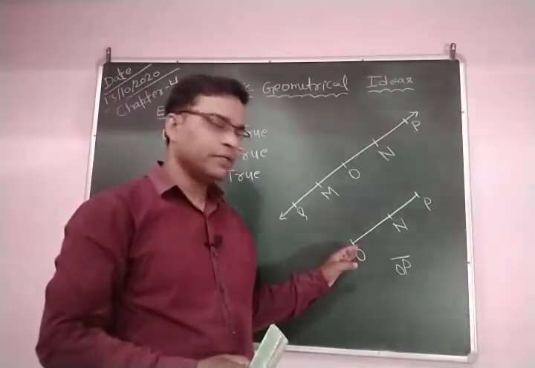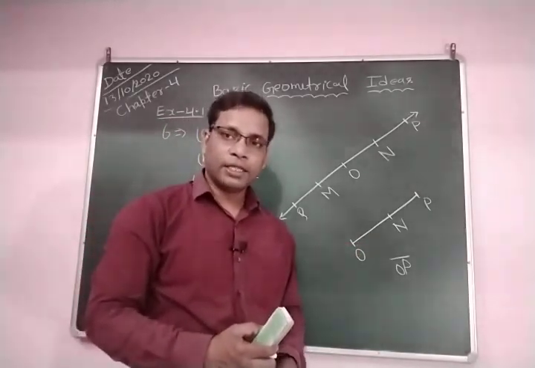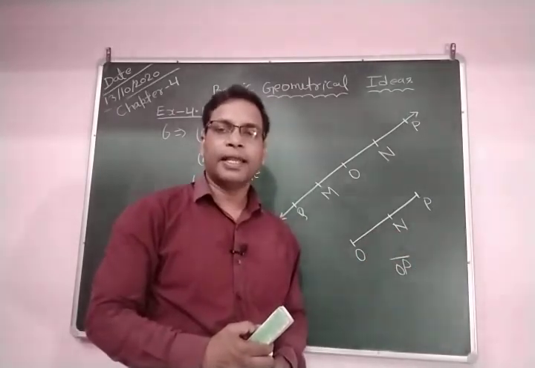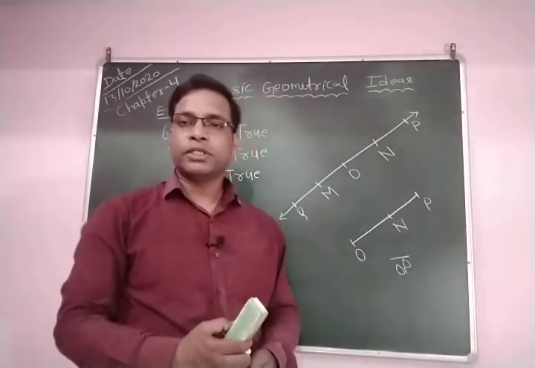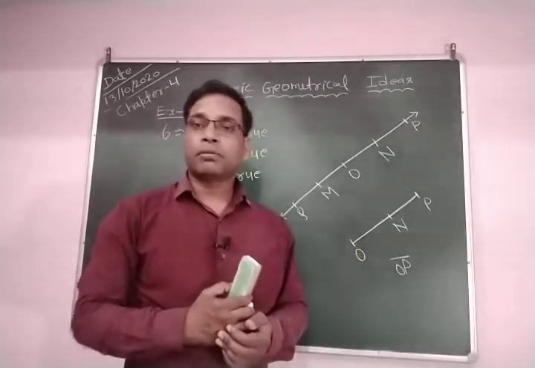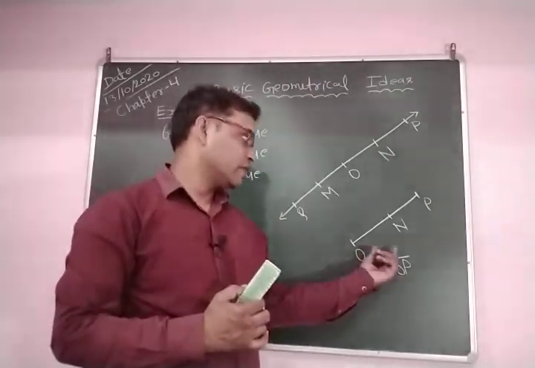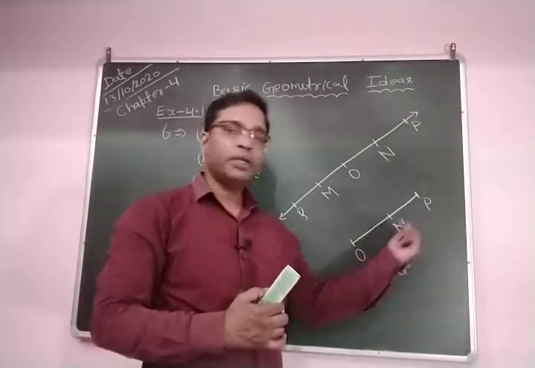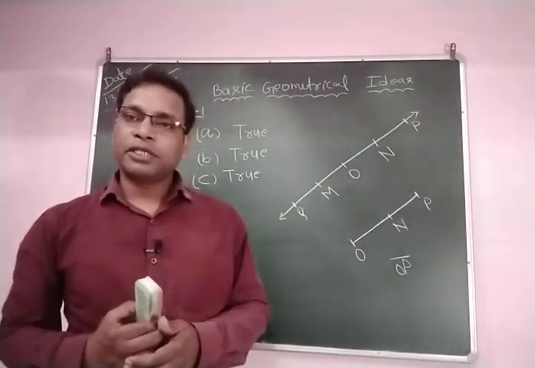According to this figure, you can see this is line segment OP, and the end points of line segment OP are O and P, but our question says the end points of line segment OP are O and N. Here you can see the end points of line segment OP are O and P. So the given statement is false.